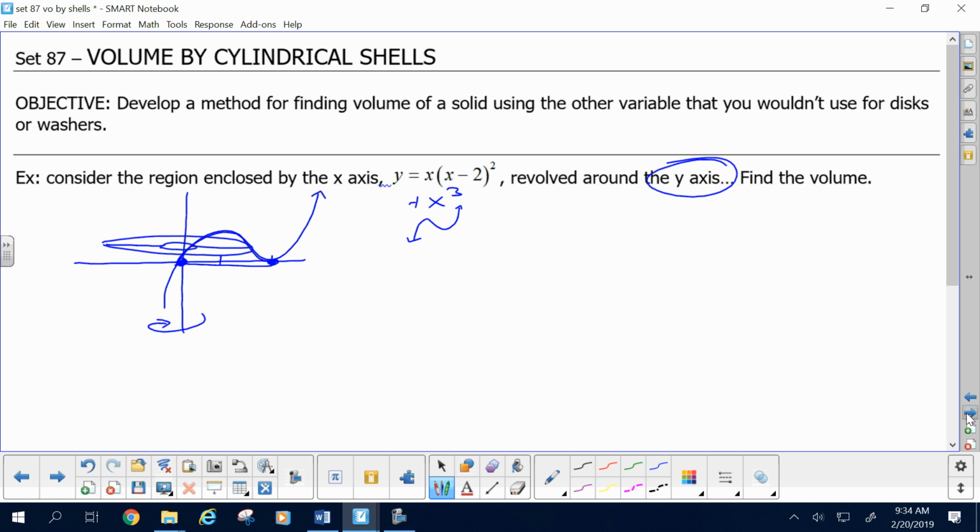If you did it by a washer and you used y, what goes in for big R and little r? You would have to solve this for x in terms of y, right? Do that.